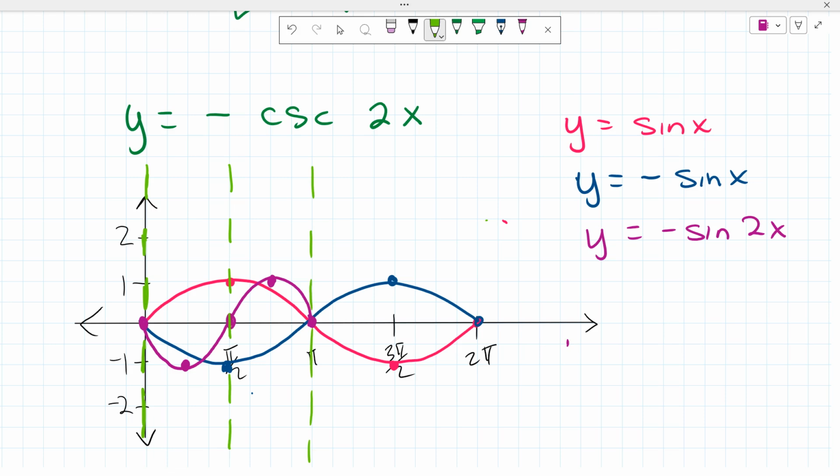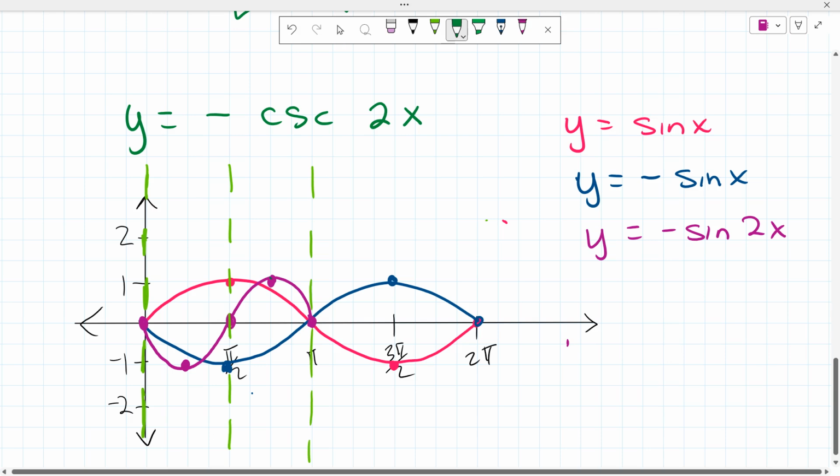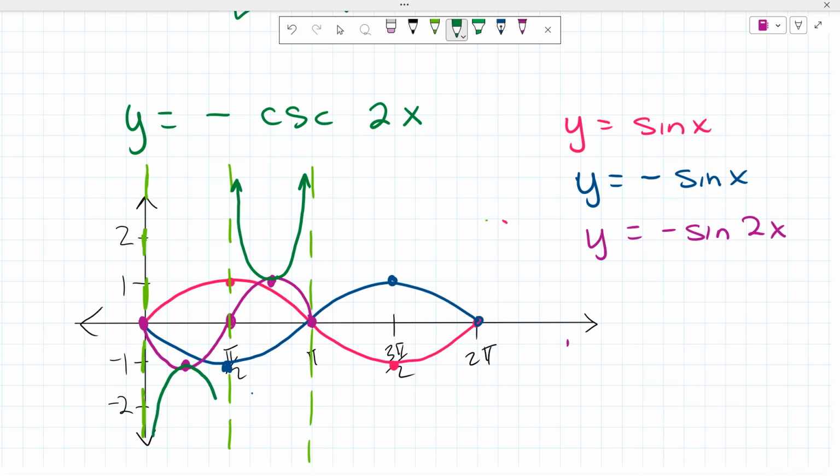Because the period shrinks everything down twice as much. So your final graph looks like this and like this. Are we good there?